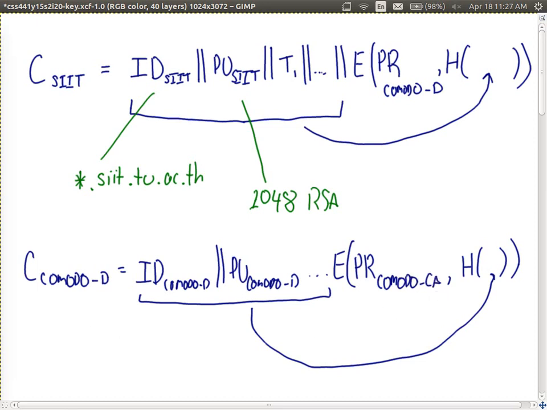Note the slightly different names here. Komodo D, and this one's different, the private key Komodo CA. Both of those certificates are stored by my browser.